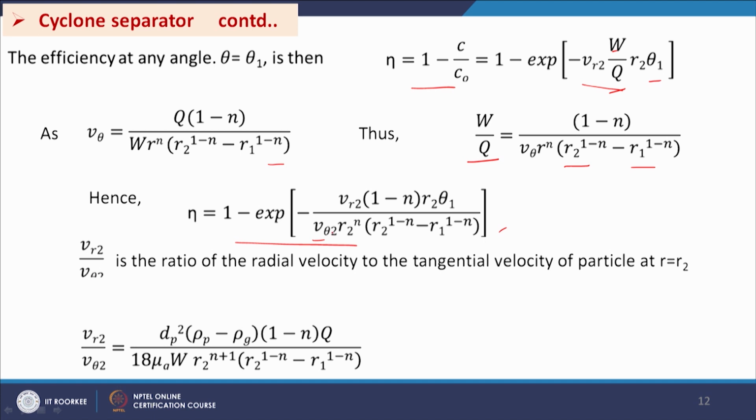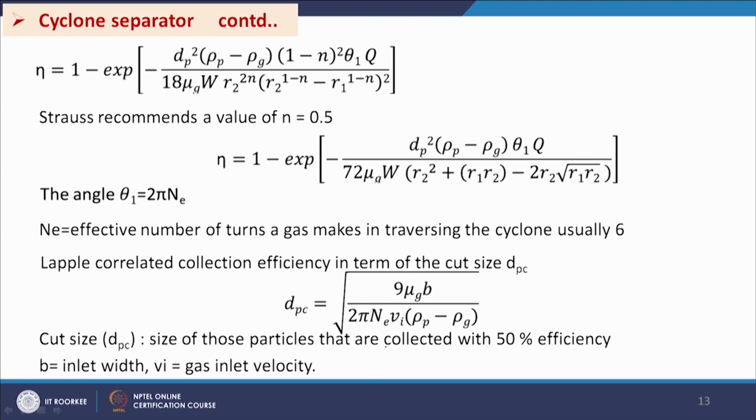So, now this is equal to, we know by the definition of these forces, d p square into rho p minus rho g into 1 minus n into Q by 18 mu g W r 2 to the power n plus 1 into r 2 to the power 1 minus n minus r 1 to the power 1 minus n, or efficiency is equal to 1 minus exponential of this one. Now, if we put the value of n equal to 0.5, then we will get 1 minus exponential of these expressions ultimately. Now, this is the efficiency calculation. Now, how can we get the cut diameter?